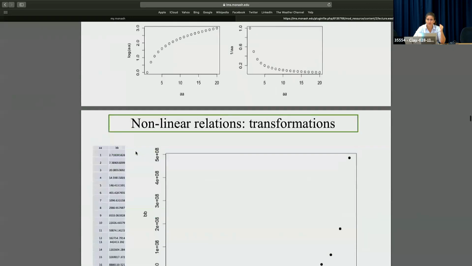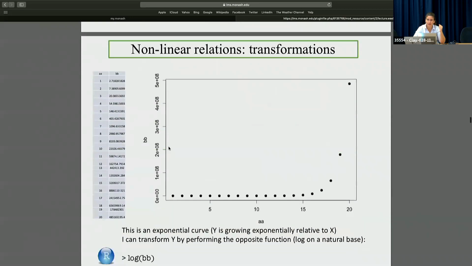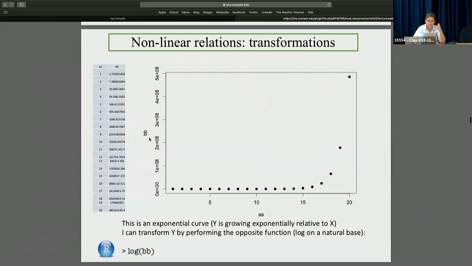So for example, here is AA predicting BB. BB is a function of AA, and this is the data, and here is my relationship between them. I can see that this is an exponential curve, so y is growing exponentially relative to x. And how do I go the opposite way? I take the log of BB, of y, and I apply that.